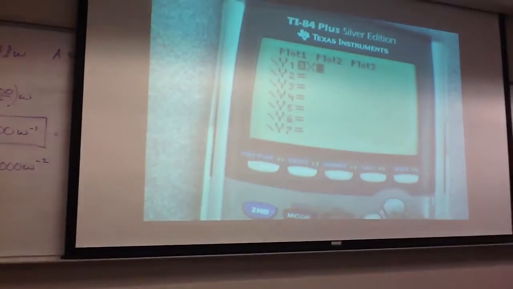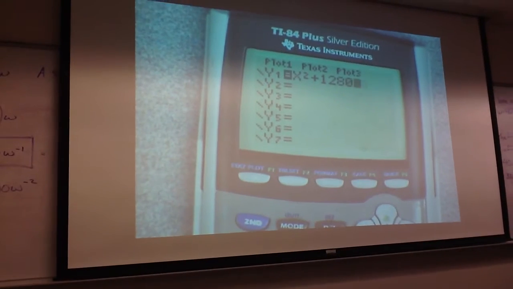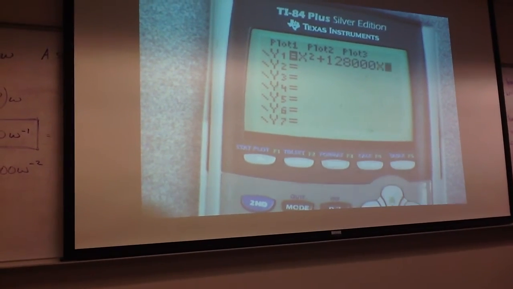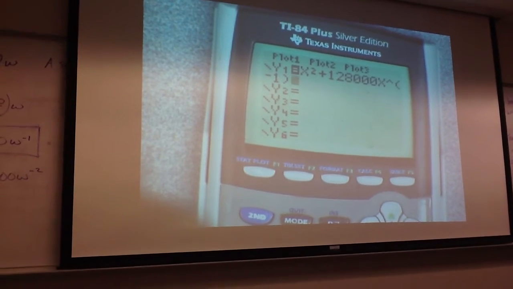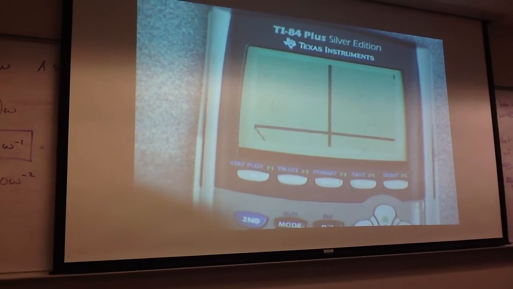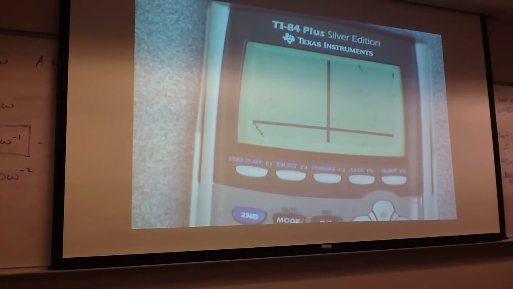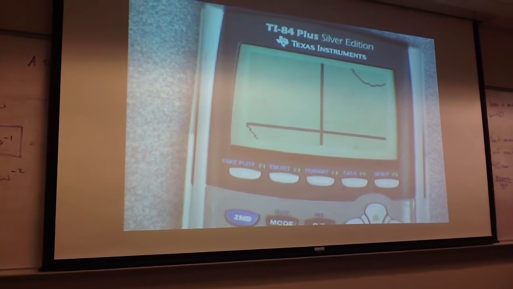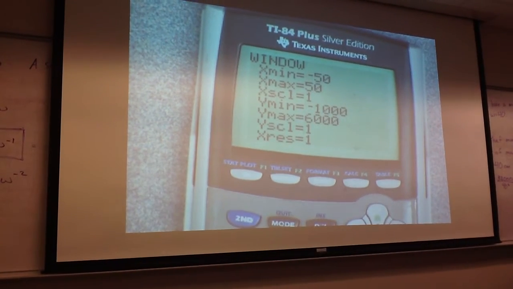So we have x squared plus 128,000 x raised to the negative 1. And we graph, and we get some kind of crazy looking picture.